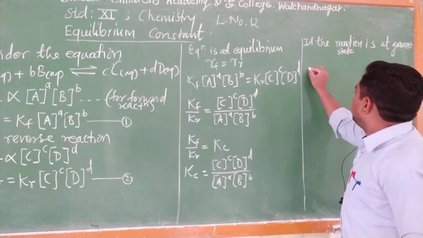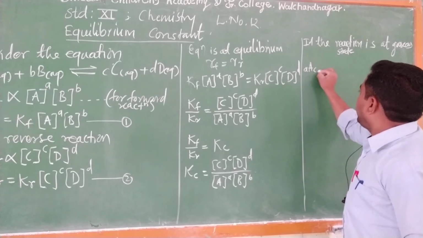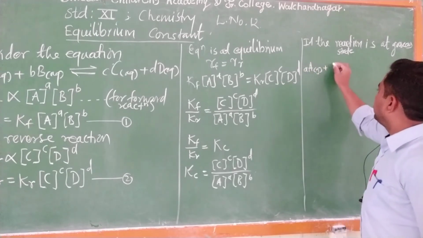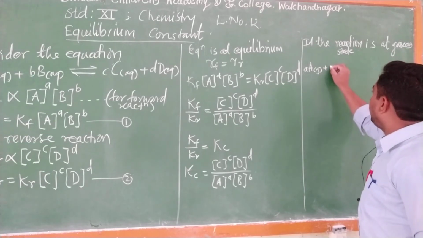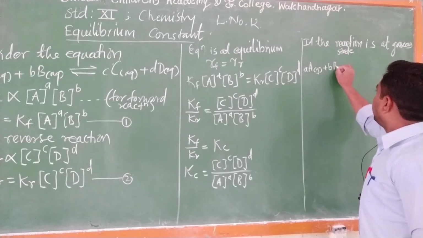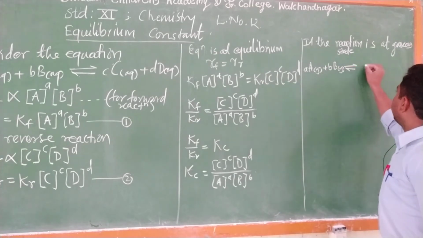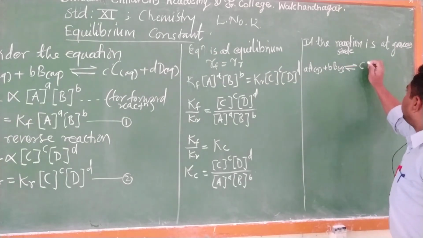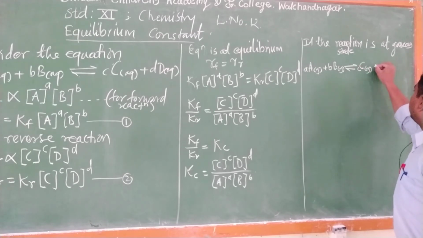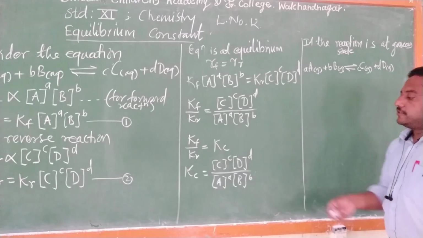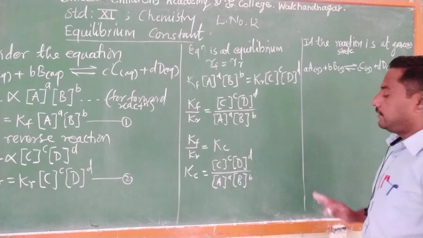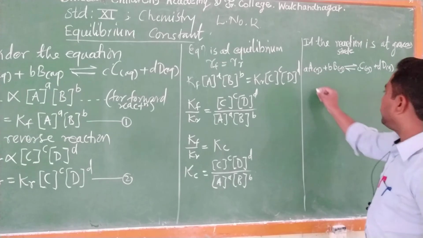If I say aA is reacting with bB, which is at the gaseous state, and it gives you cC, once again at the gaseous state, and dD at the gaseous state. Now this Kc will be called as Kp, right?